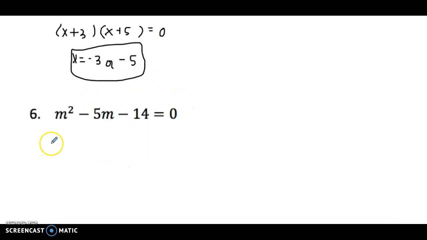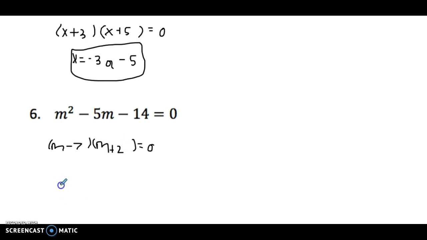Okay, here when you factor these, what two numbers multiply to give you negative 14 and add to give you negative 5? Thought about it? Okay, negative 7 and positive 2.